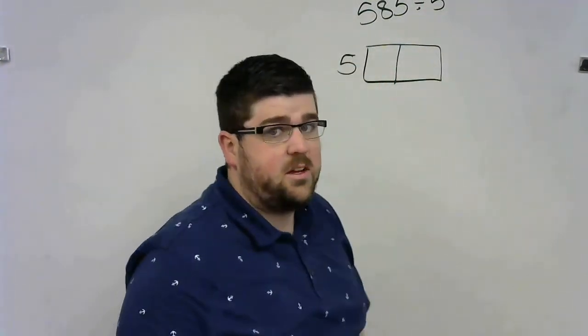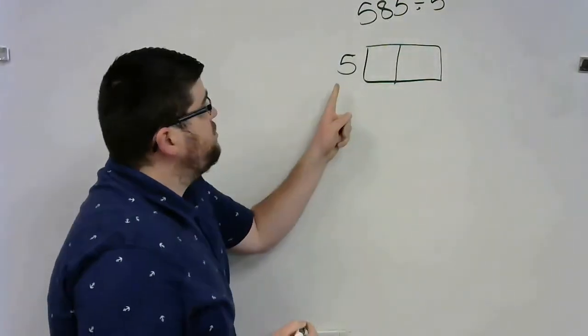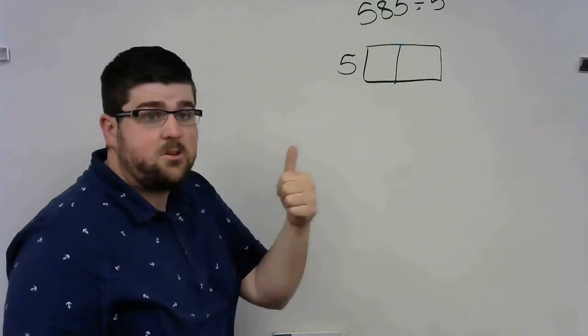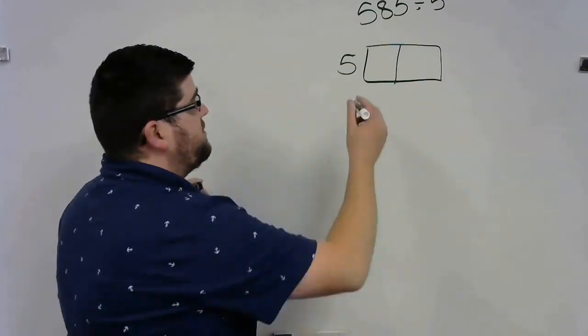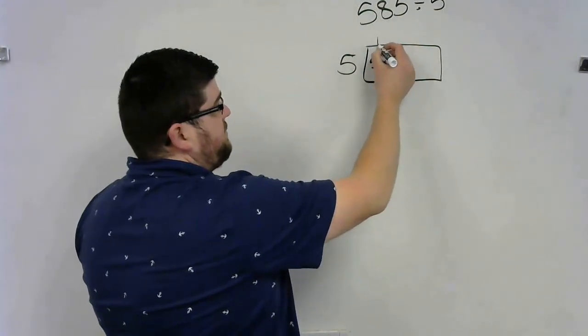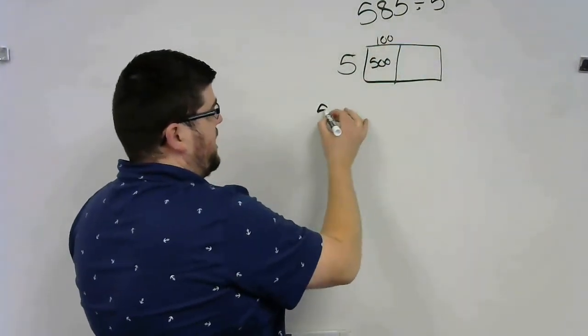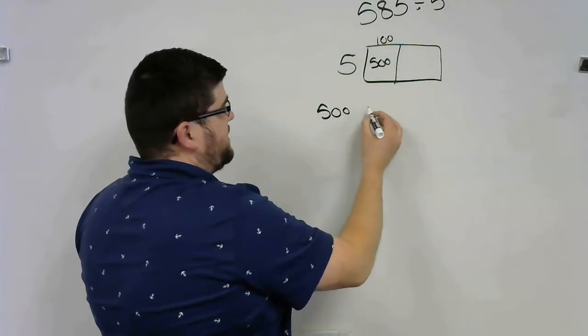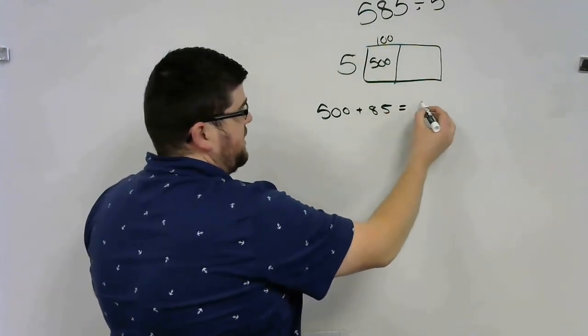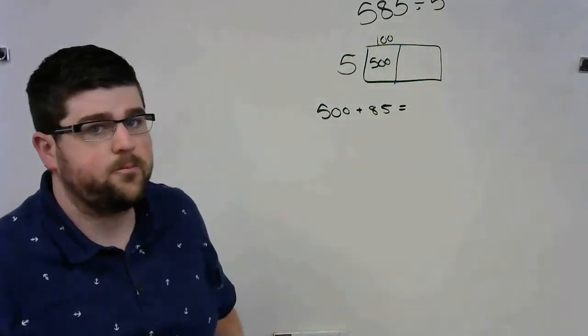And I'm going to ask myself, can I use multiples of tens or hundreds to get to 585? Can I use 50 or 500? And in this case, yeah, I can use 500 because 5 goes into 500 100 times. So what's left is I now have 85 to get to 585.